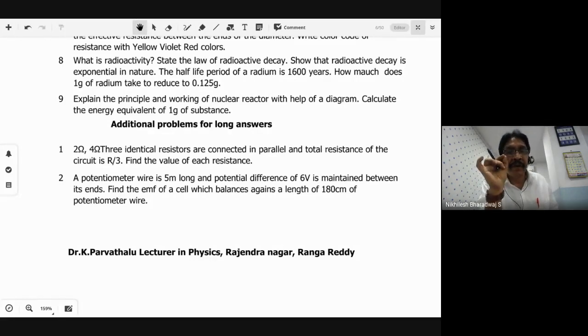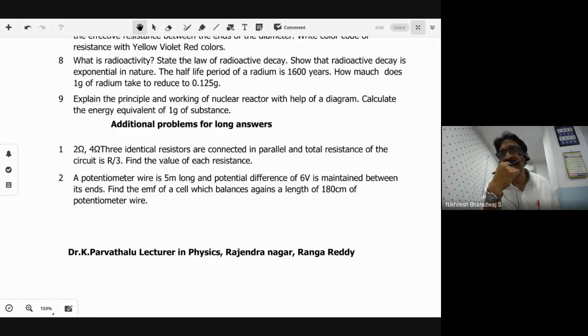After drawing the diagram, you have to mention the five important points in the nuclear reactor. Number 1, what is the fuel? Fuel means the radioactive substance which you use. Another is, you have to go for the moderators, control rods, coolant, and the safety system.